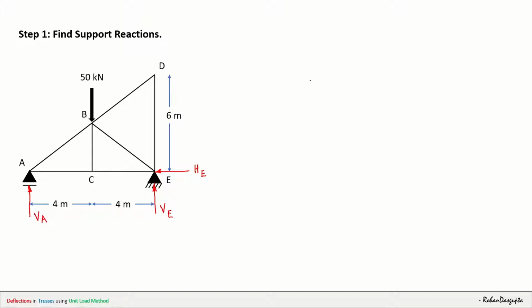So let us start with the three equations of equilibrium. Summation of F of x is equals to 0. So if I do this, and let me take left side as positive, I will get that there is only one horizontal load, that is HE. So directly I can get that HE is equals to 0, right?